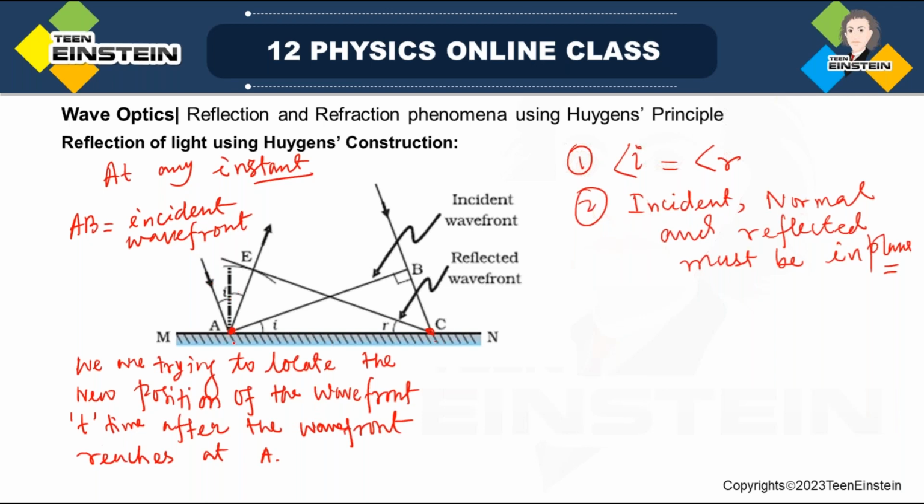When the wavefront AB reaches the reflecting surface at A, after t seconds, what will be the new position and shape of the wavefront? That is what we are trying to look at here.